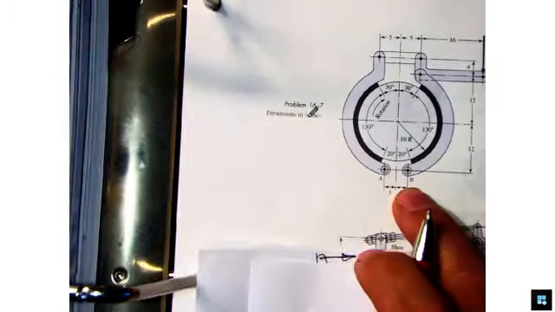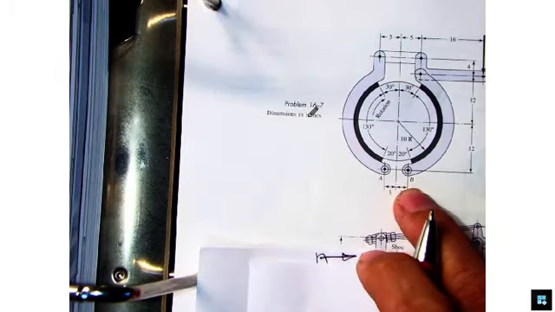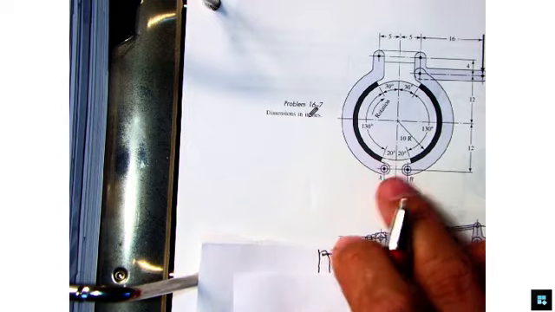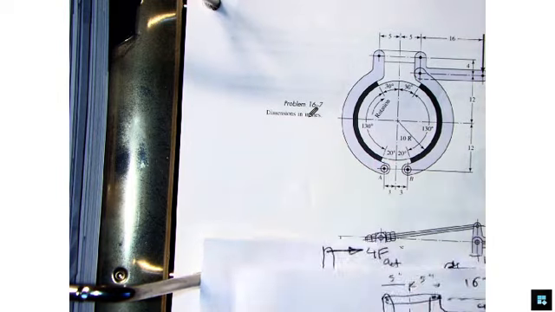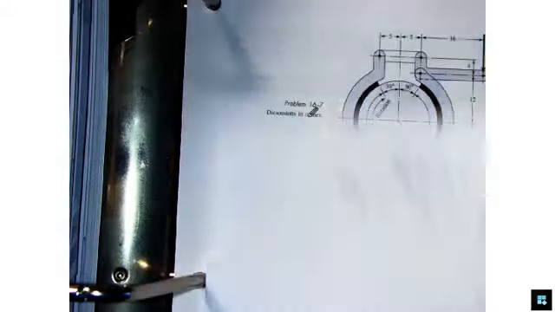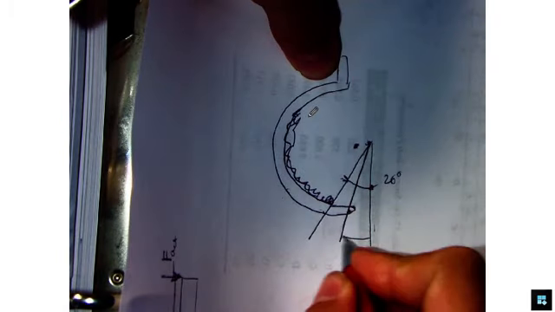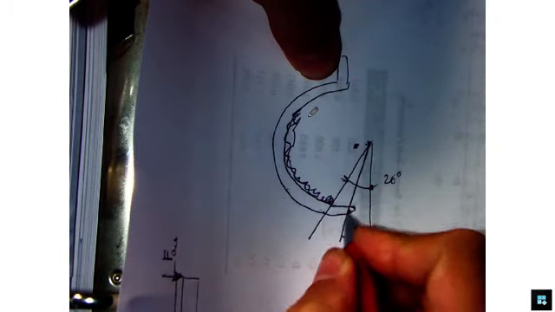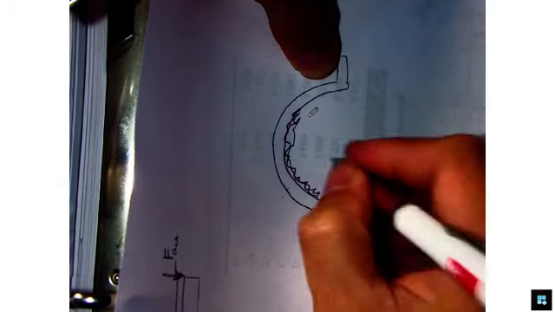Let me zoom it. See, from the vertical line to where the shoe starts. But theta 1 is measured from the hinge to where the shoe starts. So I need to find theta 1, right? So if that angle is 20, this total is 20, I need to find this angle, and then once I have it, I can subtract it from 20 to find my theta 1, which is this, right?